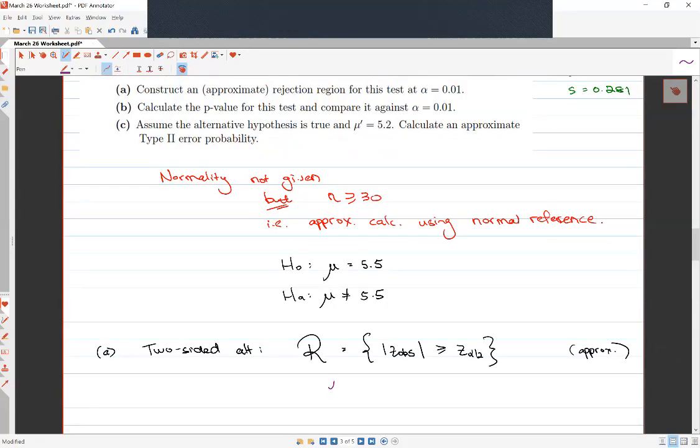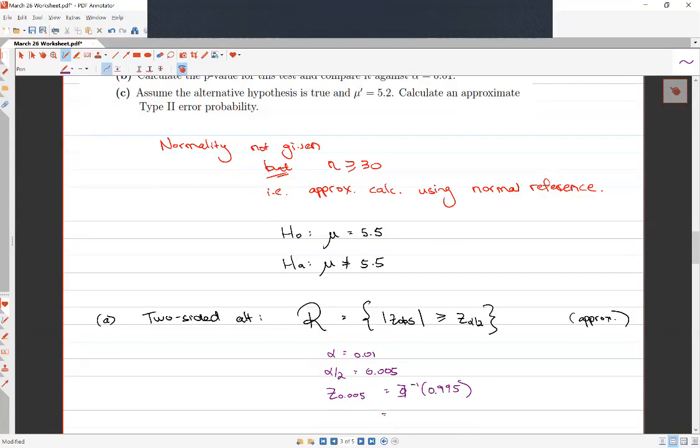So that being said, our alpha in this case is 0.01. Because it's two-sided, we're working with alpha over 2. And so we want to find the z value of area to the right, 0.005, which means you're going to use your inverse normal function on the calculator. The area to the left of that value is 0.995.